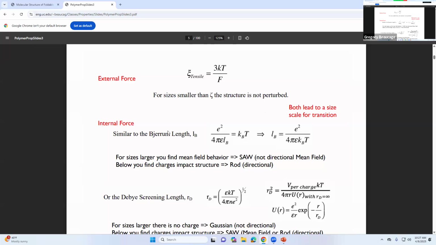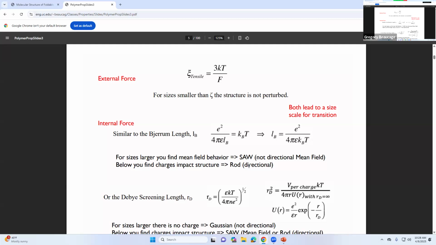It's weird. Wait, so this for Bjerrum length, if you go larger than that, you have mean field behavior. And if you're smaller than that, if it's a polyelectrolyte, you get rod behavior. So in this case, you're adding to the persistence length of this Bjerrum length. So you start with persistence length, and then you add on because the charges repel each other. It makes the thing go straight.